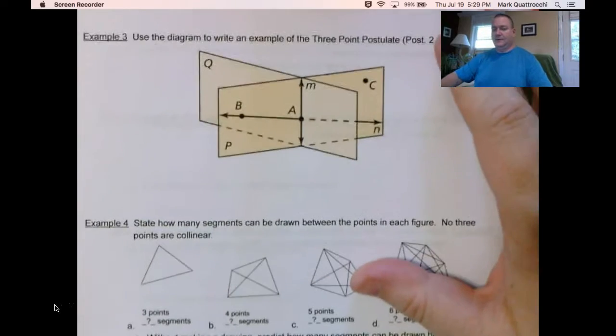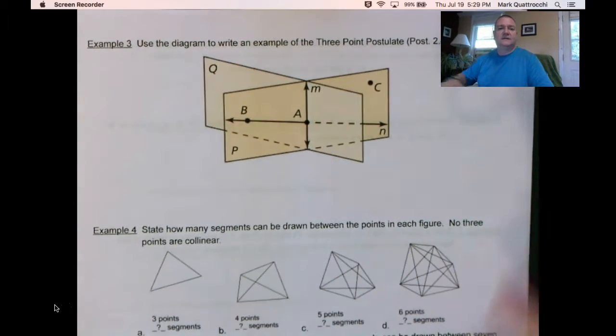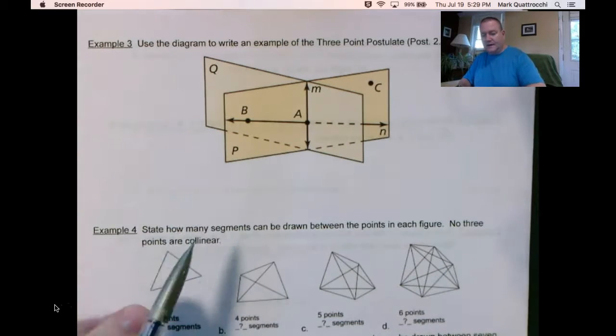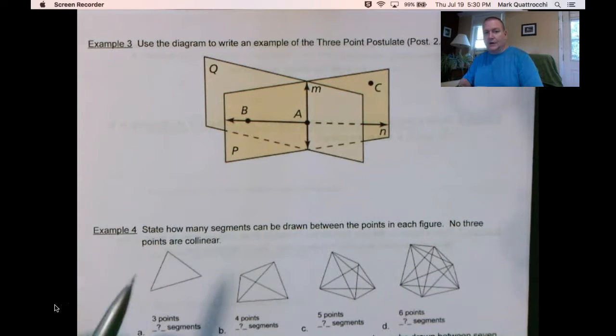All right, example 3. Use the diagram to write an example of the 3-point postulate. So we have to find 3 points that are non-collinear, that are basically defining one of these planes that is shown here.